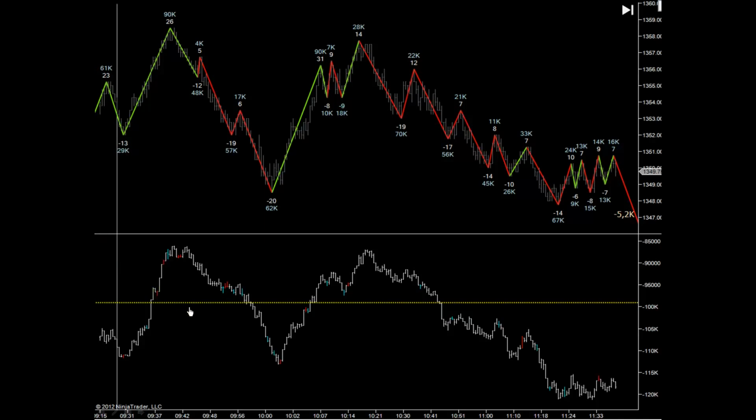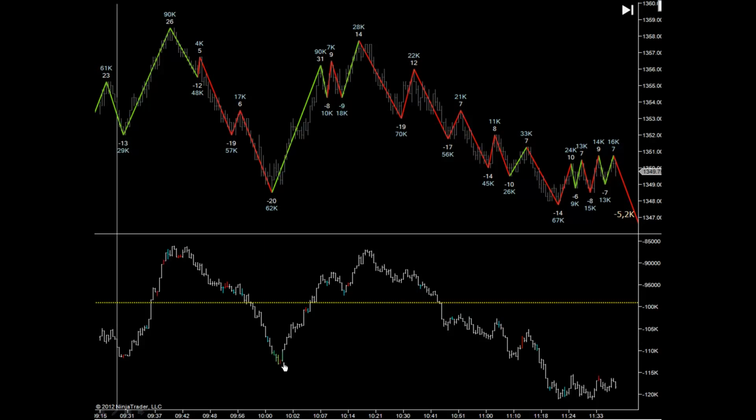Now it's the reversal in the delta that tells you to switch your bias. So we can see a reversal in the delta here, and we can see a reversal in the delta there. Now on the S&P, you're normally looking for the delta to shift 10,000 or more contracts before you change your bias.